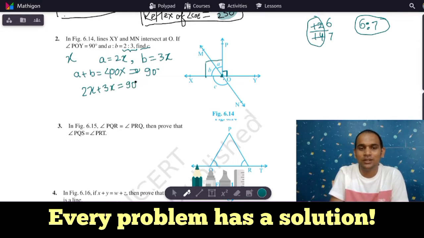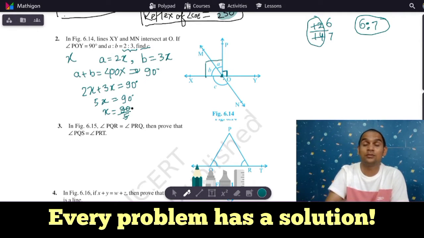So 5x equals 90 degrees. x equals 90 divided by 5, and when we divide it, we get 18. So x equals 18. x was the common factor.